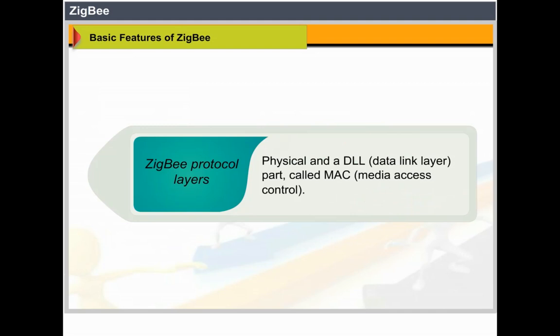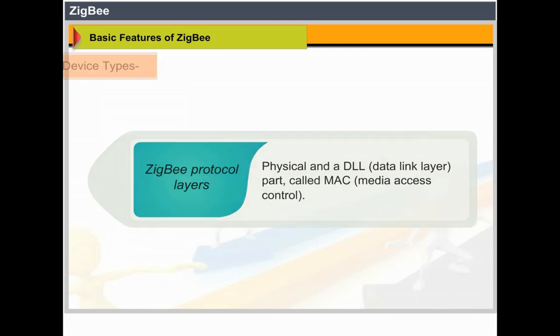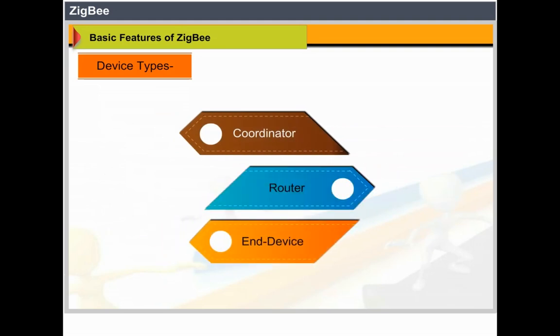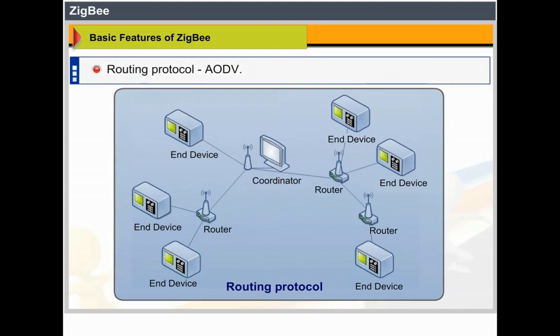ZigBee protocol layers: physical and a DLL data link layer part called MAC, media access control. Device types: coordinator, router and end device types. Routing protocol AODV.